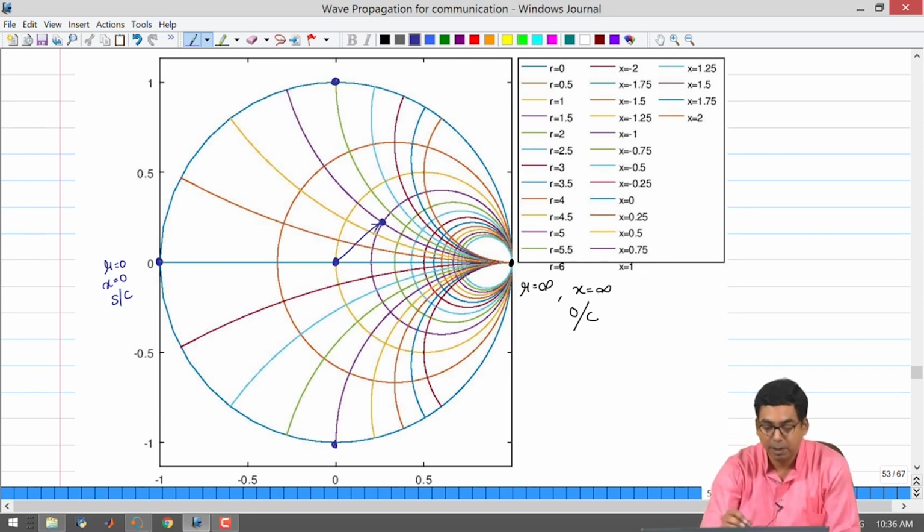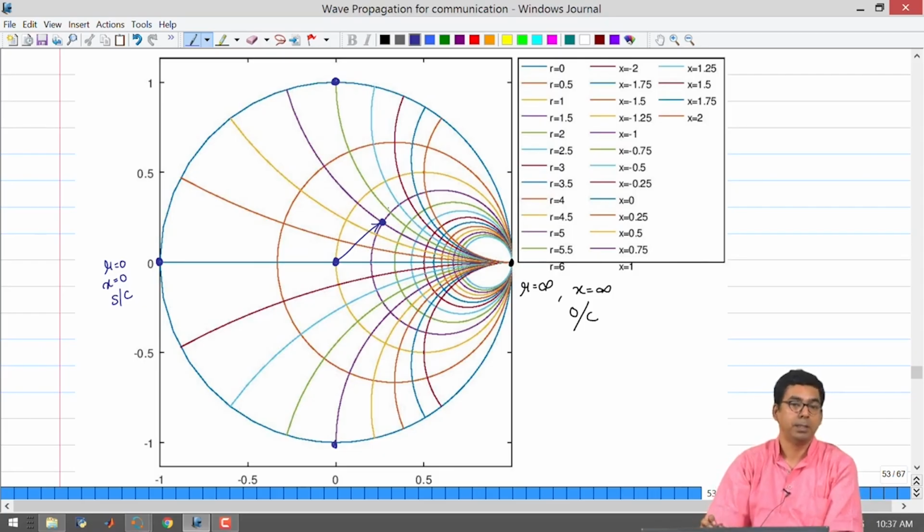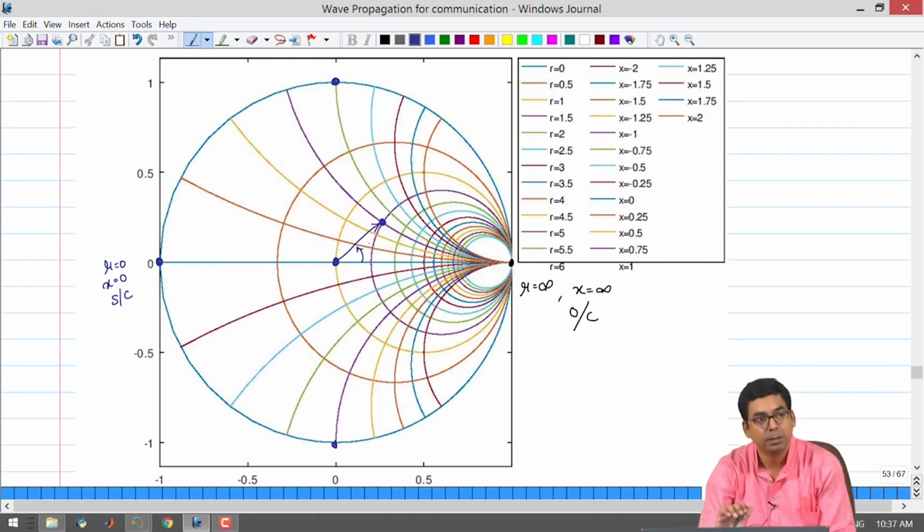In other words, I could take the real part and imaginary part, and express gamma as a real part plus j times some imaginary part. I could also do this in the magnitude and argument form. I could take the distance and say that this is mod gamma, and I could take the angle from here and say that that is the angle of the reflection coefficient that I am going to get. So, this is how you construct a Smith chart. The construction of the Smith chart should be clear.